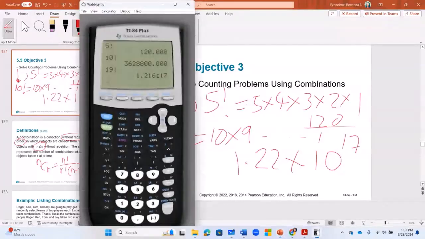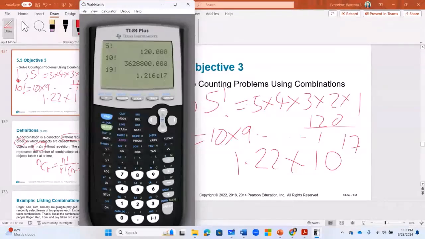There was a test where somebody was told to calculate 19 factorial. I believe this person was never in class, so she never understood what this is. The E here means scientific notation, so it actually means times 10 to the power 17. That's all. It's not even a big deal.